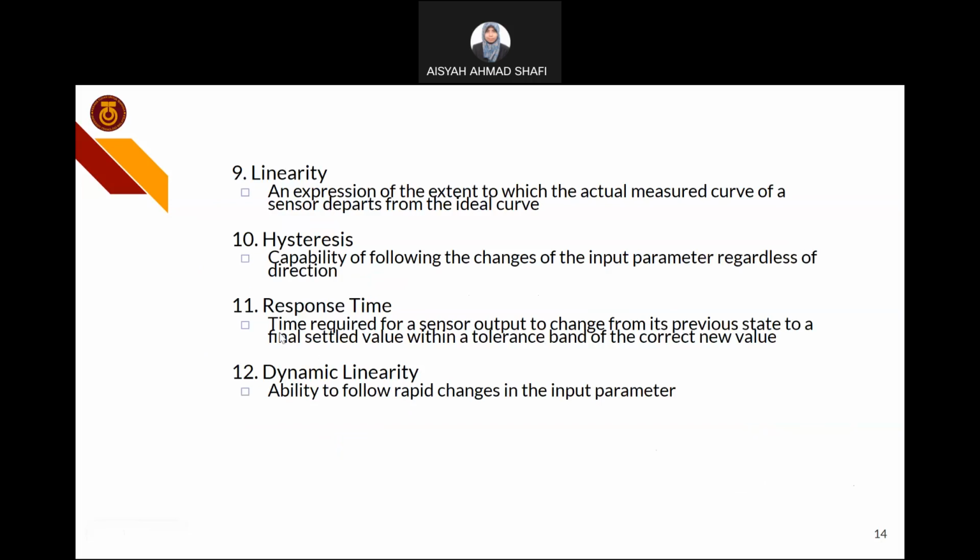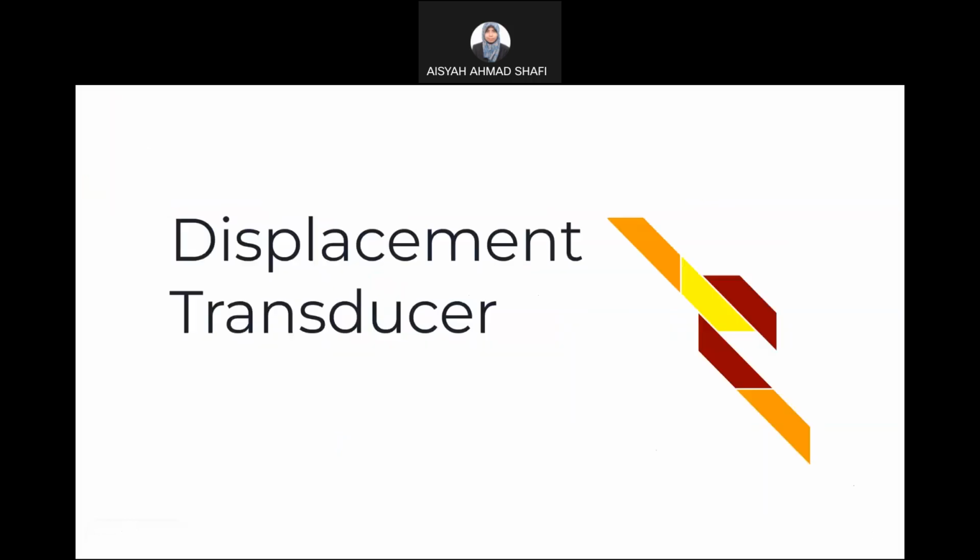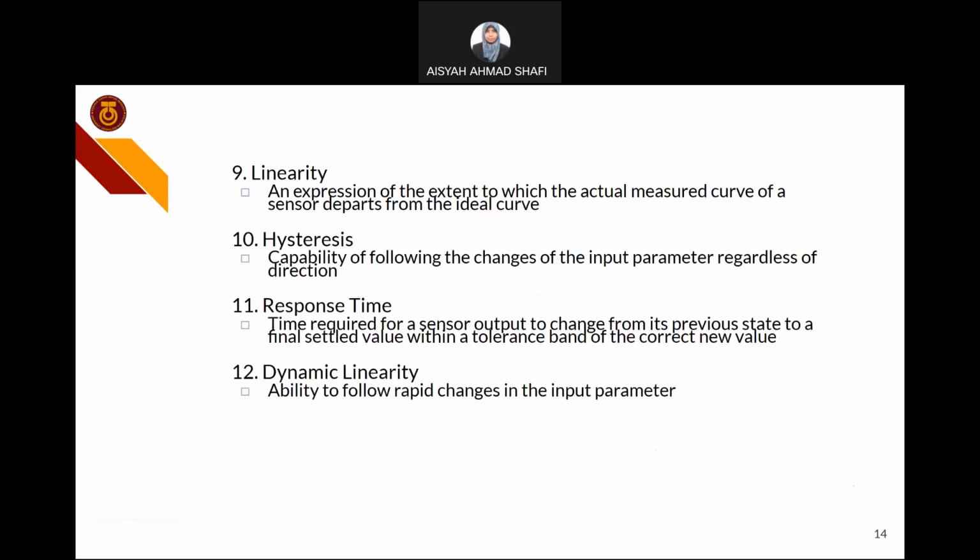And dynamic linearity is the ability to follow rapid changes in the input parameter. Alright, so these are some terms related to the sensor.